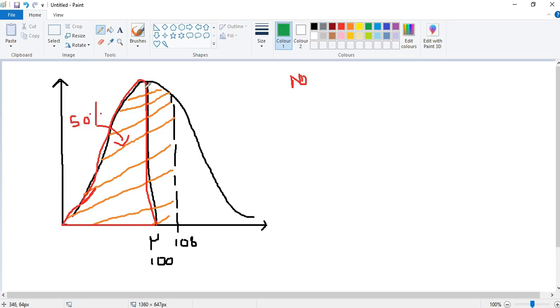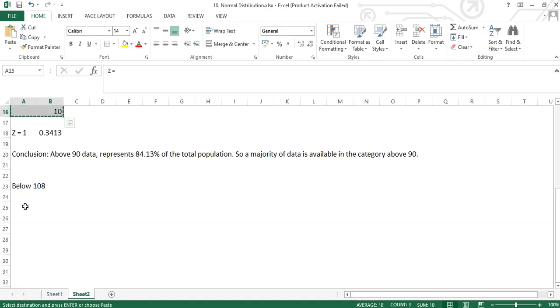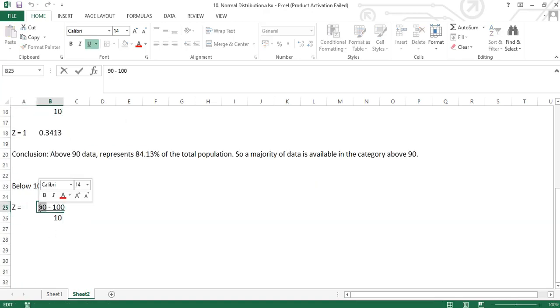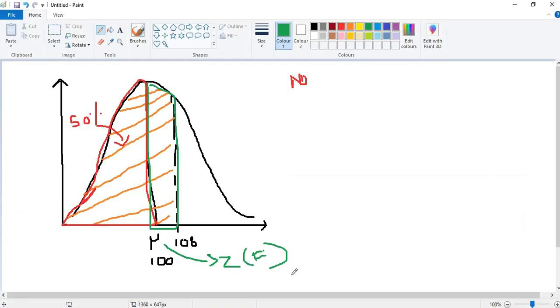Then we need only this part from 100 to 108. For that, first find the Z value using the formula. So Z equals 108 minus 100, the mean, divided by the standard deviation 10. It gives 8 divided by 10, which is 0.8.